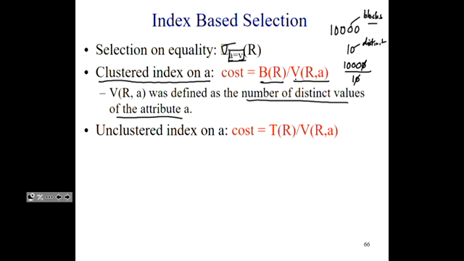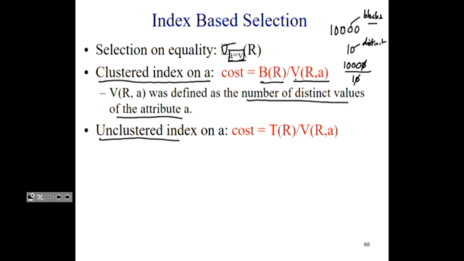Of course, there may be some values of A where this is much larger or much smaller, but this is what we can guess a priori without having any other information. So this is just assuming that the values are spread out across all of the distinct values.